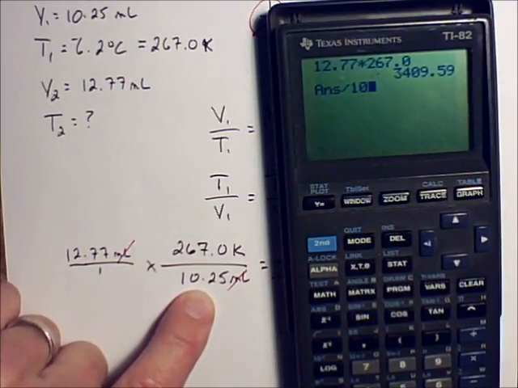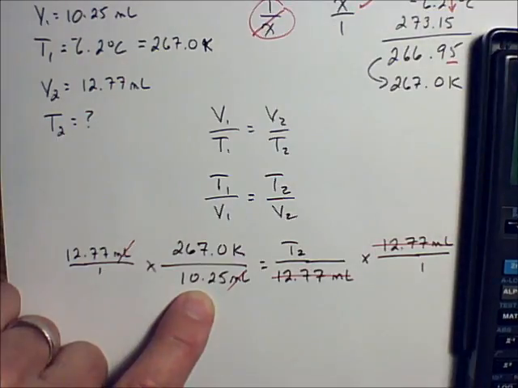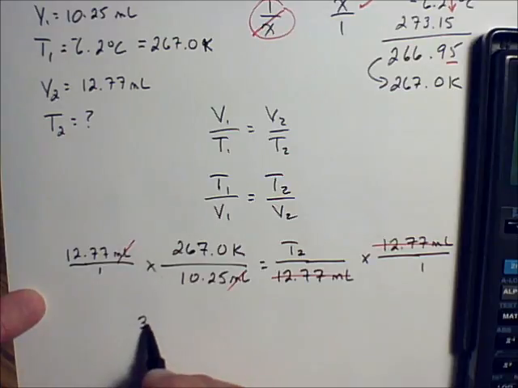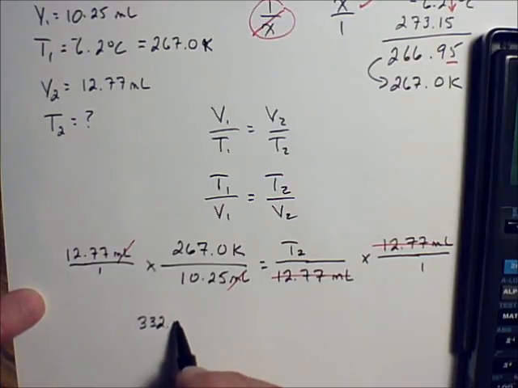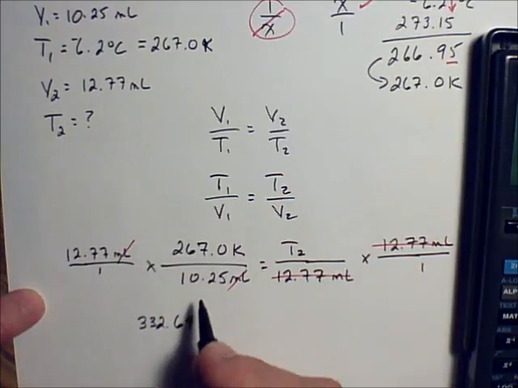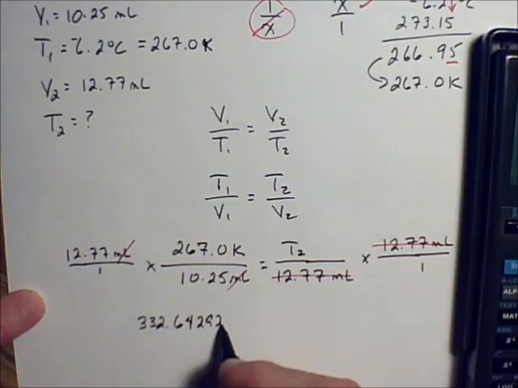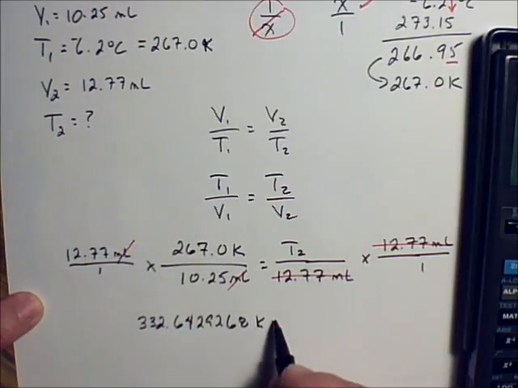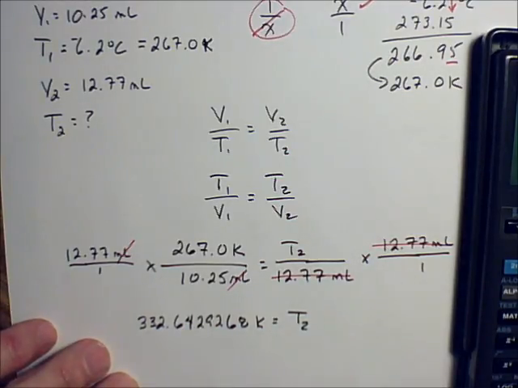Divided by 10.25, hit enter, and I get 332 and a long number. Okay, and I'm going to put a whole number down here: 332.6429268. Units of measurement I have left is Kelvin. That equals T2.